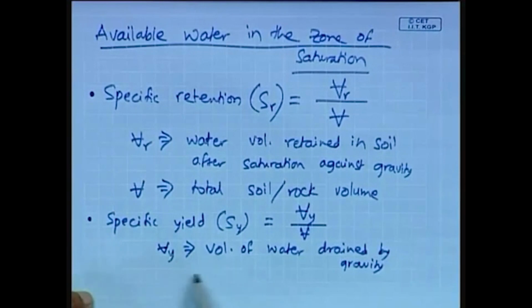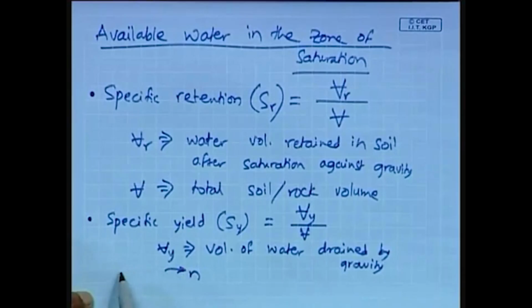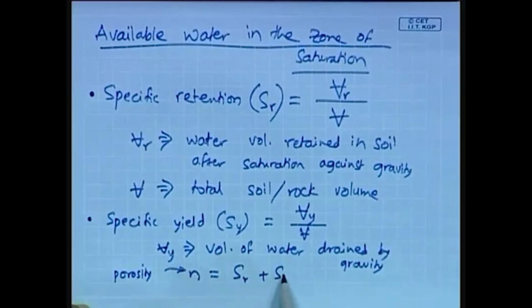And so this N, which is the porosity, of course, in the previous class I think I represented this by alpha, and a few authors use the notation N. So, this is equal to the specific retention plus specific yield.